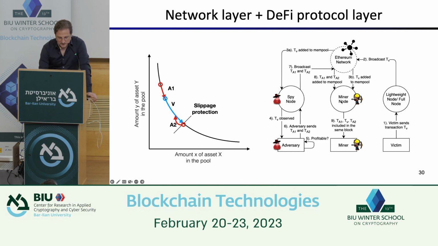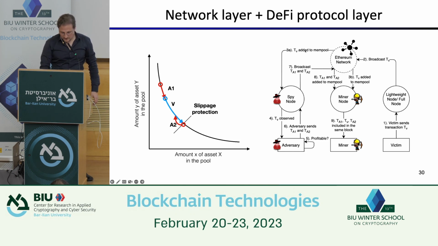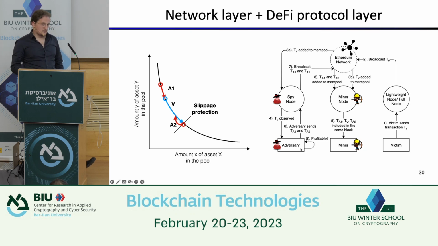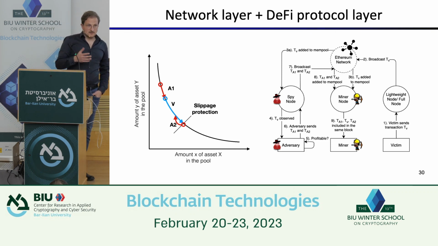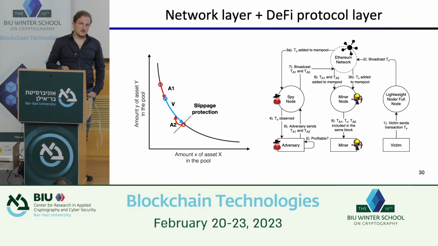So you have these nodes. Here in particular, the transaction gets added to the mempool, and the adversary starts to observe the swap. Once the adversary observes the swap, the adversary would need to compute: can I construct a profitable sandwich, right? That's not always the case. As I mentioned on Monday, I estimate around 6% of the existing swaps are sandwichable, right?